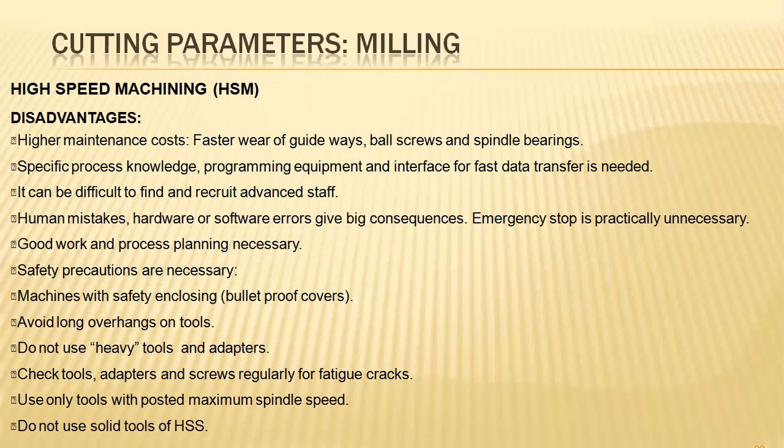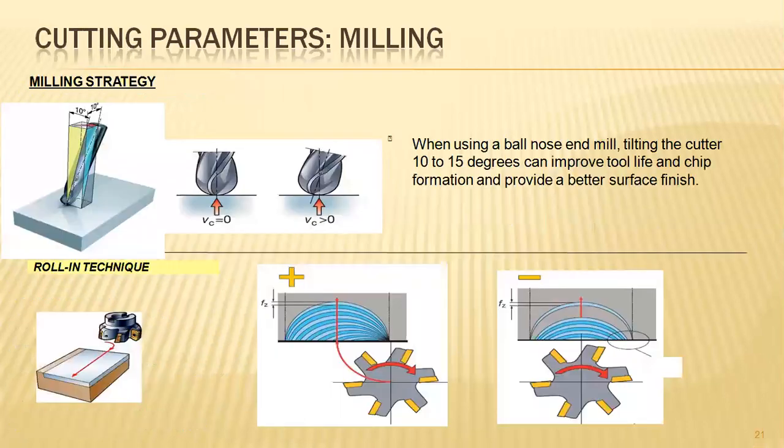Machines with safety in place, avoiding long overhangs of tools, and specific process knowledge are needed. It can be difficult to recruit advanced staff. Skillful workers are necessary here, and it is a bit difficult to recruit such people, because from the economic point of view it is also a great burden.